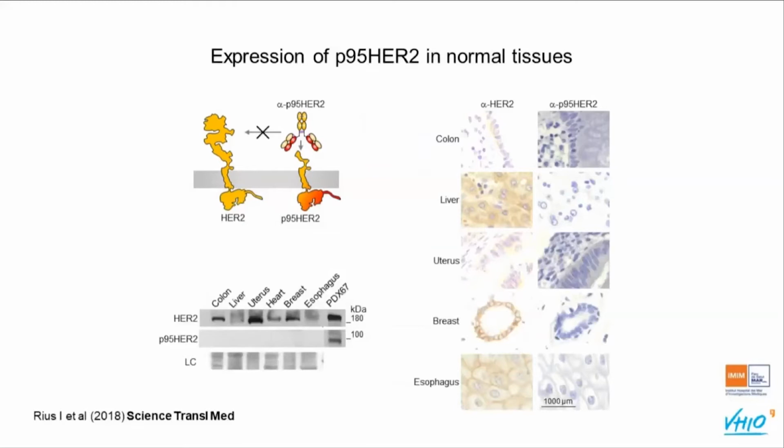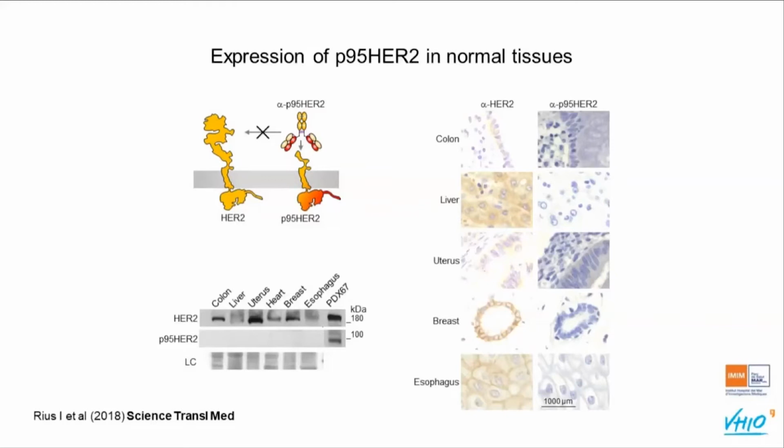We showed this by Western blot and also by immunohistochemistry. With anti-HER2 antibodies, we do see the positive brown signal in normal tissues, but with anti-P95 antibodies, we don't see any specific signal. So basically, we think that this is a bona fide tumor-specific antigen that is not expressed, at least at detectable levels, in healthy epithelial tissues.